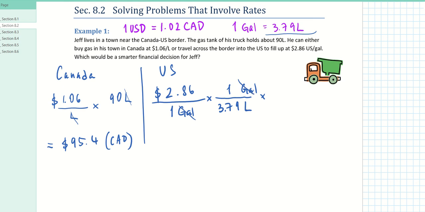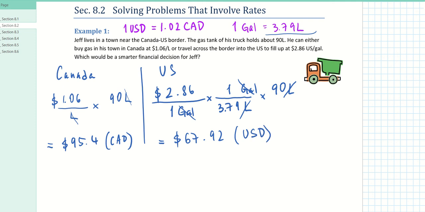You're left with dollars per liter, and then multiply by the amount of gas that you want to purchase, which is 90 liters. This way the liters will cancel out, and you end up with just dollars. After you do this math, you end up with 67.92. In this case, these are US dollars.